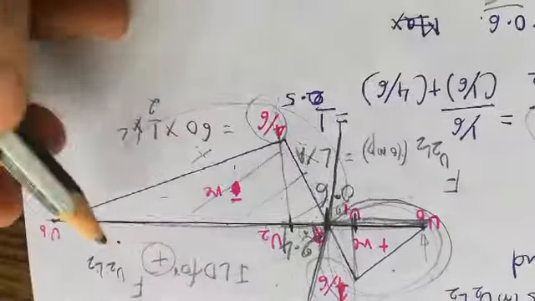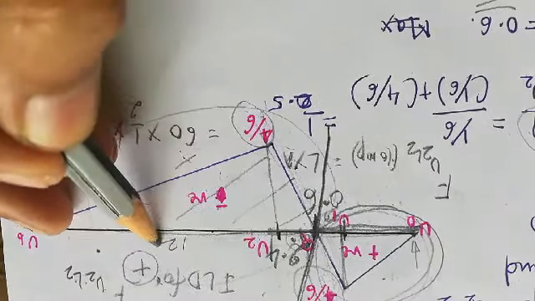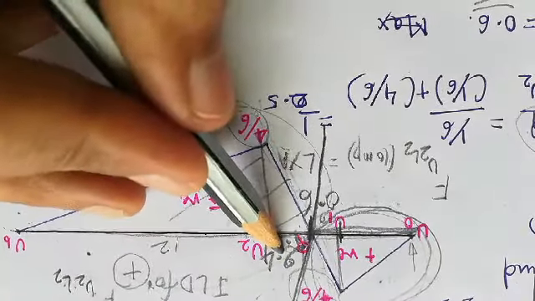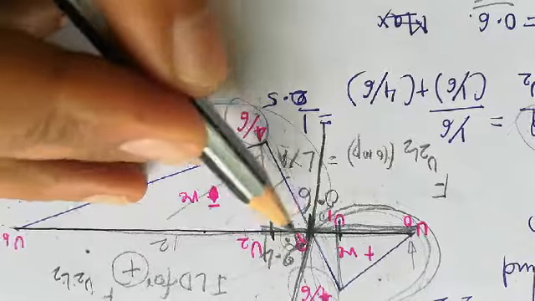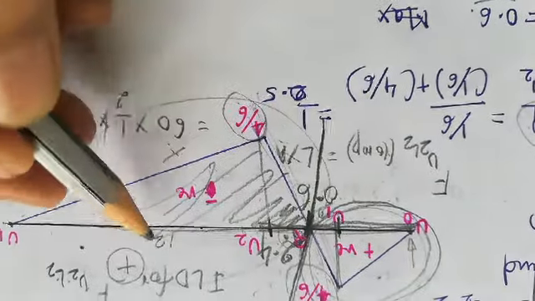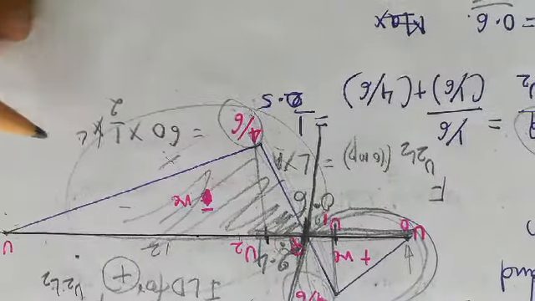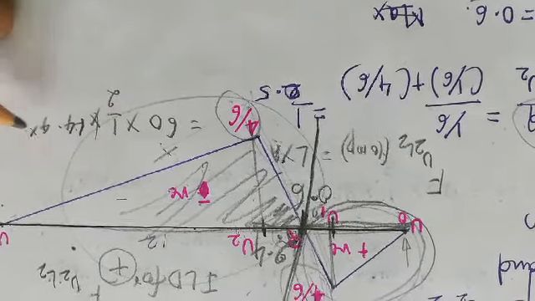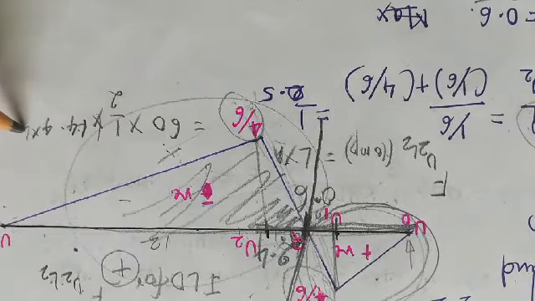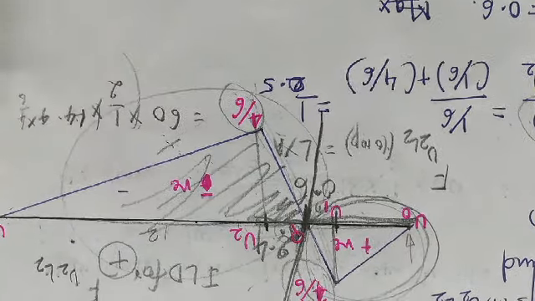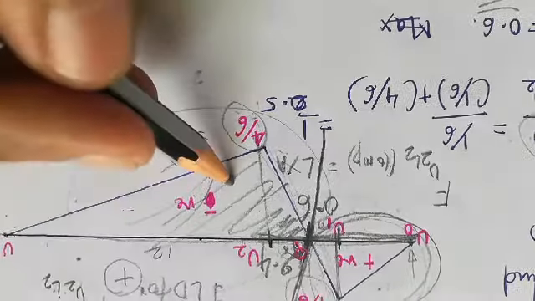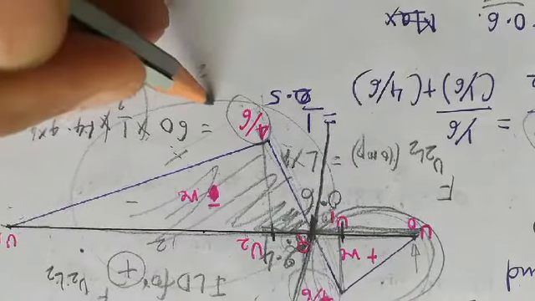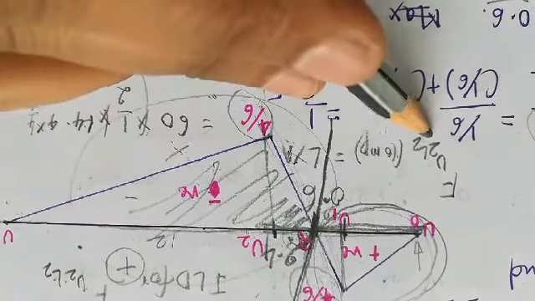From U2 to U6 it is 12 meters, plus 2.4 till Q. This is the triangle we are going to consider. So 12 plus 2.4 is 14.4. And the height is 4 by 6. If you multiply this, you will get the compressive force in U2 L2.